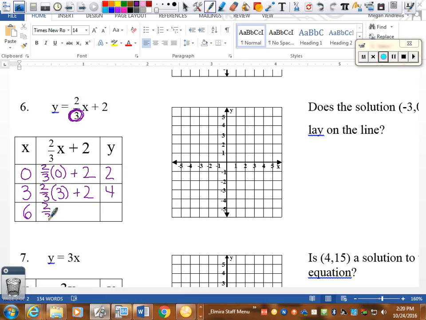I would highly encourage you, if you're not good at multiplying by fractions, to use your ABC button. 2 ABC 3 times 3 plus 2, and you'll get 4. 2 ABC 3 times 6 plus 2 equals 6.